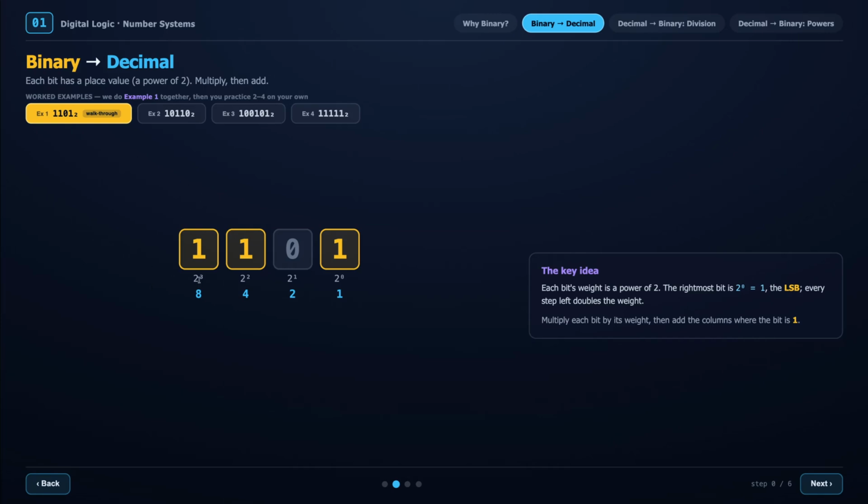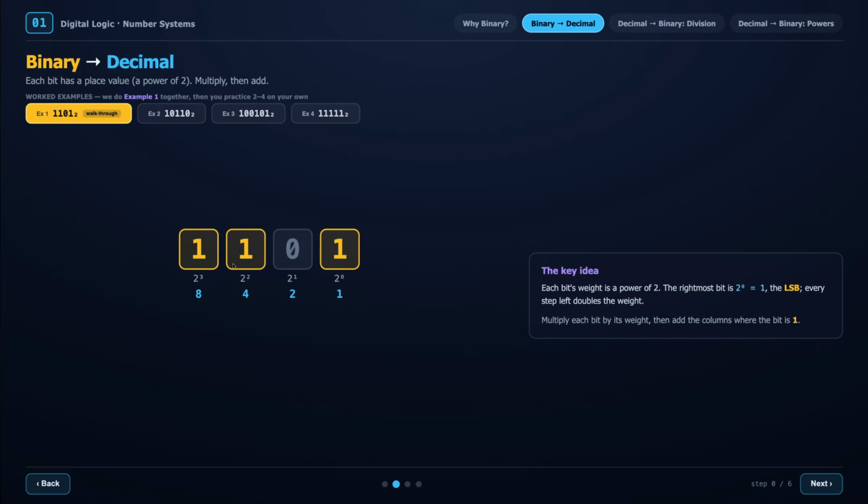Okay, so first of all, let's look at the binary number 1101. All right, so what we do here is we have a weighting on each of the places. It's a positional system. The rightmost place is the 2 to the 0's place. Then we have 2 to the 1, 2 raised to the second, 2 raised to the third. So basically the 1's place, the 2's place, the 4's place, and the 8's place.